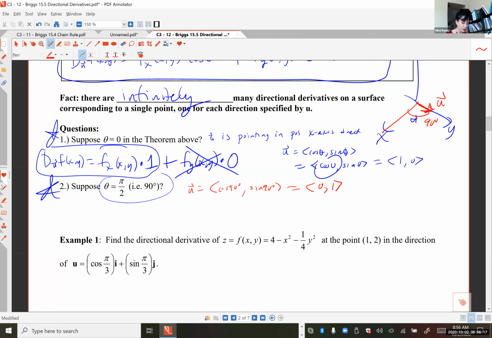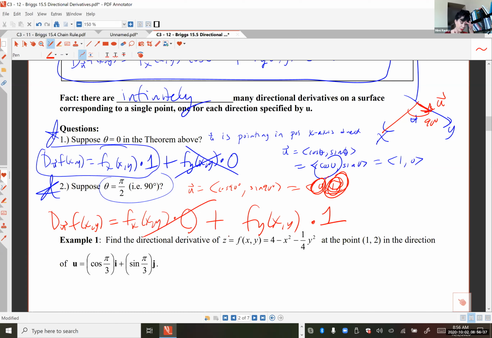Your directional derivative with theta of pi halves would be fx times cosine theta, but your cosine theta is 0, plus your partial with respect to y times sine of theta, but sine of theta is 1. This term goes away and you're left with fy, and that should make sense because you're exactly pointing in the direction of the positive y-axis.